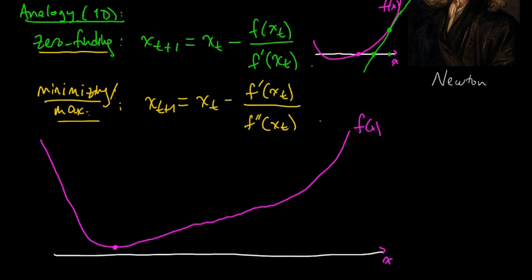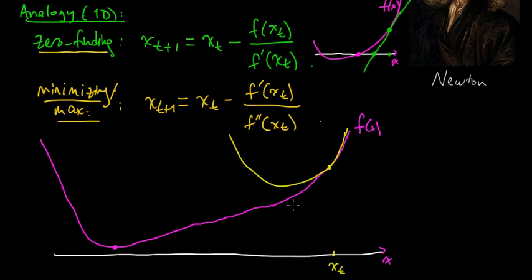And what this does is, let's say we start out here somewhere. Say this is our xt. What this procedure does is it not only does a first order approximation, this was a first order approximation, it actually does a second order approximation. So you approximate this function using a quadratic.